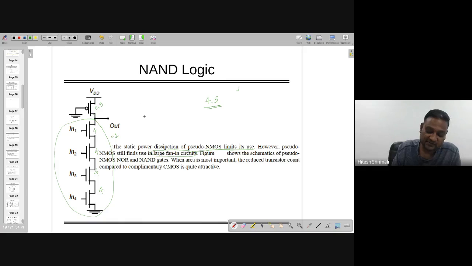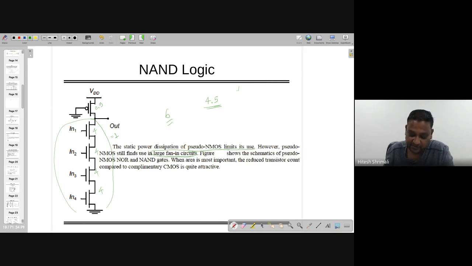Whereas in the previous case, when it was CMOS, I needed to have the input capacitance of 6. So if you are ready to drive the load of maybe 6, in the case of pseudo-nMOS circuits you can have a few more extra inputs, or implement more number of inputs than in the case of the CMOS logic circuit. So you can have large fan-in circuits.